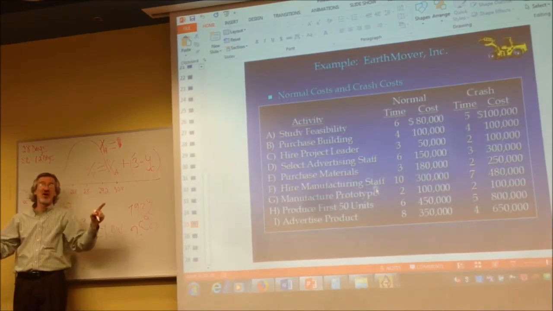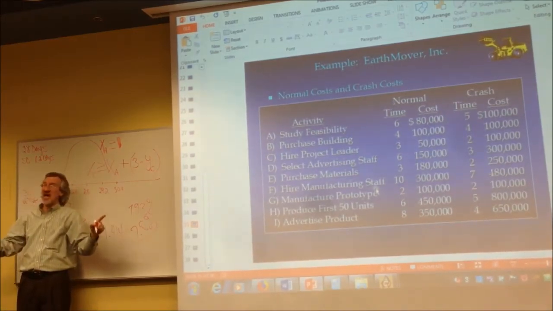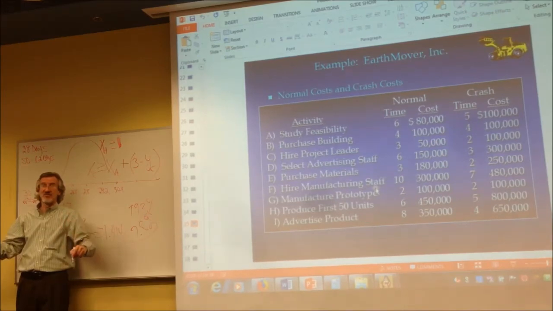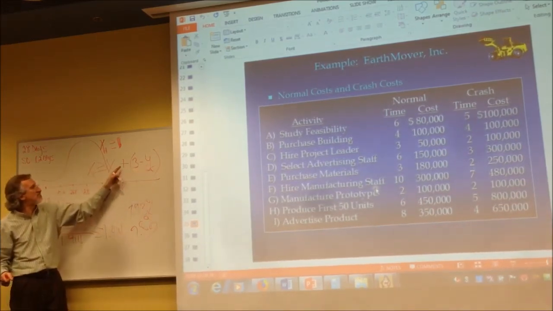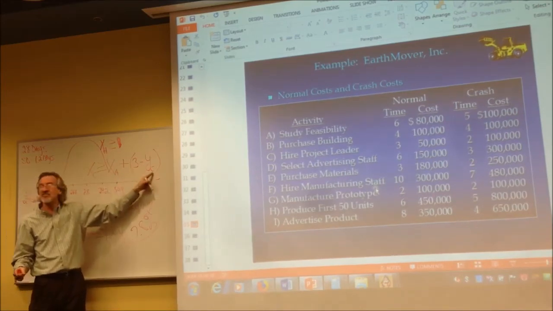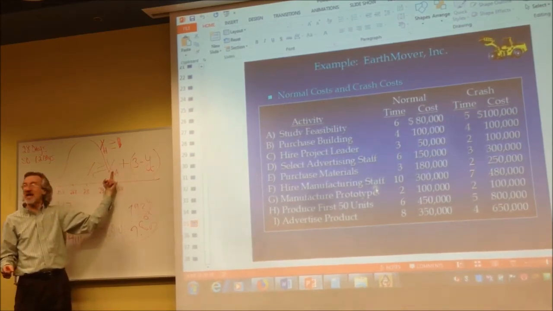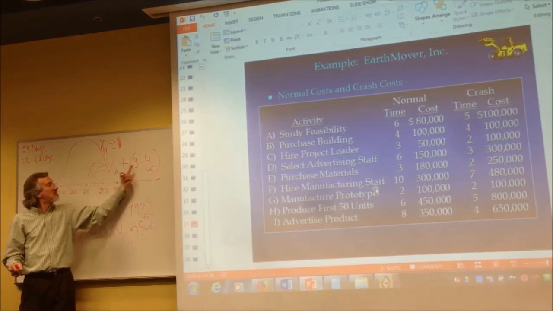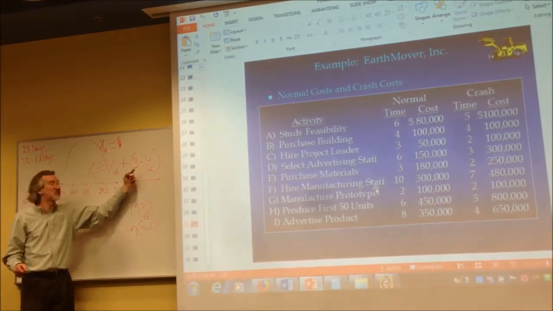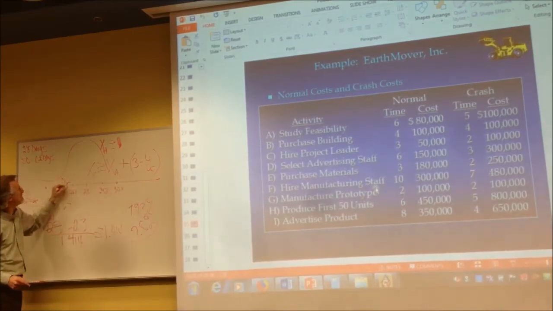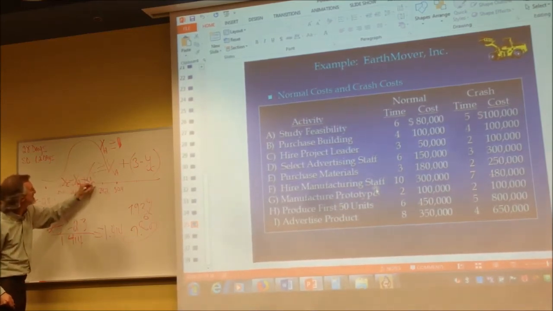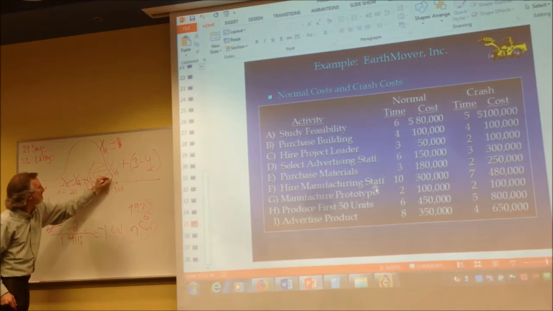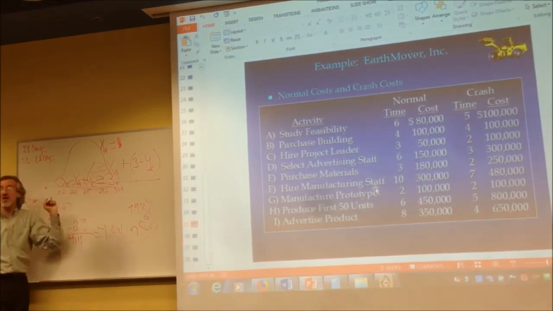You've got to use algebra to get your variables to one side, left side in this case. So if I take the parentheses out, I've got X sub A plus 3 minus Y sub C. I'm going to subtract X sub A on both sides, and I'm going to add Y sub C on both sides. So I get X sub C minus X sub A plus Y sub C greater than or equal to 3, and now it's done.